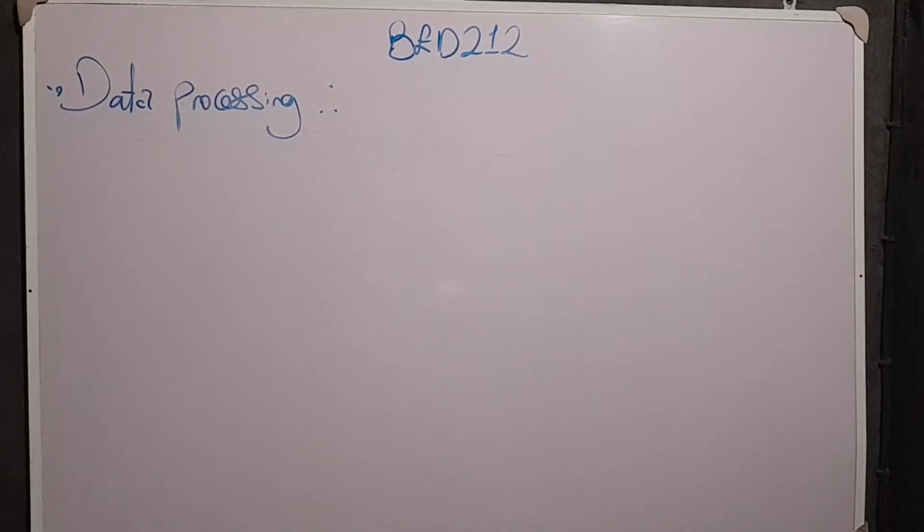Talking about data processing, I wouldn't want to hold us much longer for tonight because it's getting late, so it's not going to be a long class at all. First, we need to understand what data means, then we'll talk about the processing part of it.